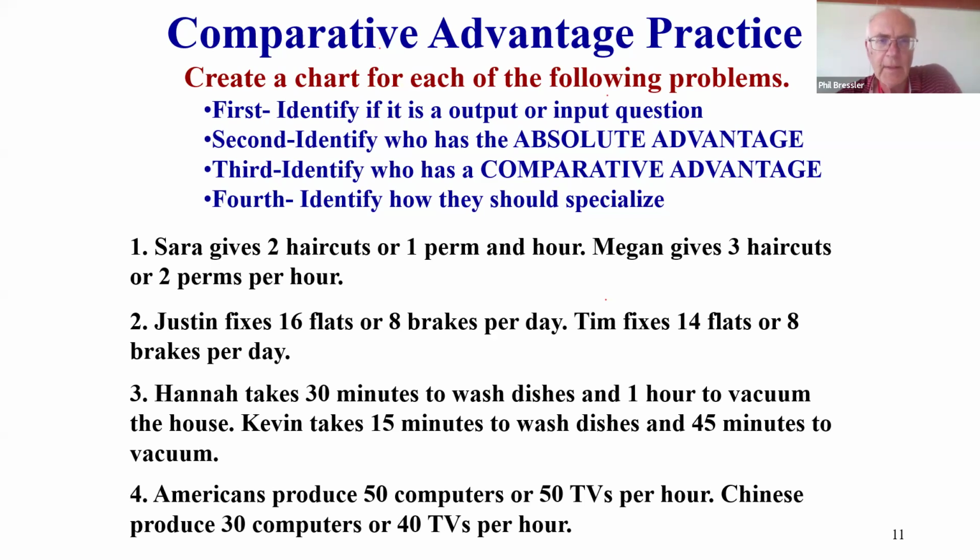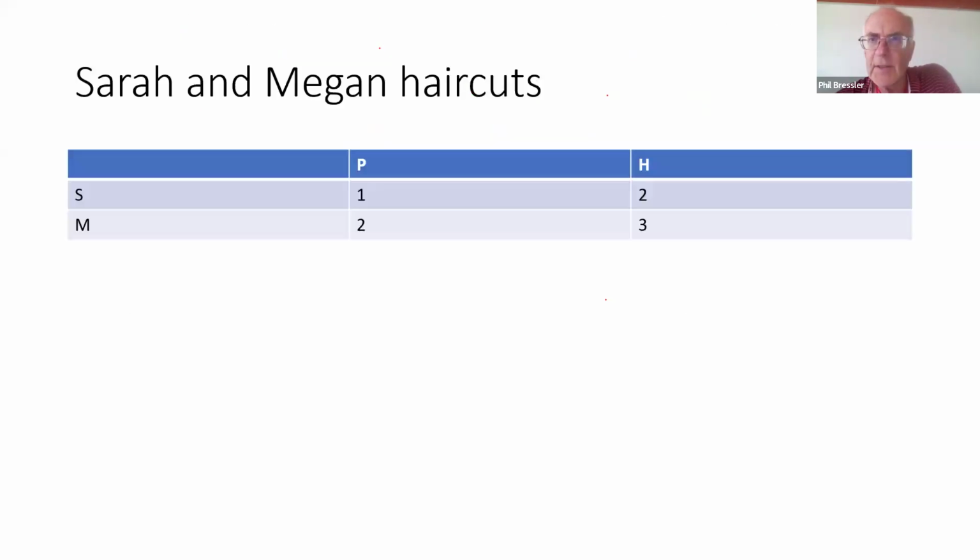Okay. I'm going to go over these, and again, as we go through them, if you have any questions, please don't hesitate to either come on the mic or not. All right, Sarah and Megan. Input or output question? Just type in input or output. What do we got?